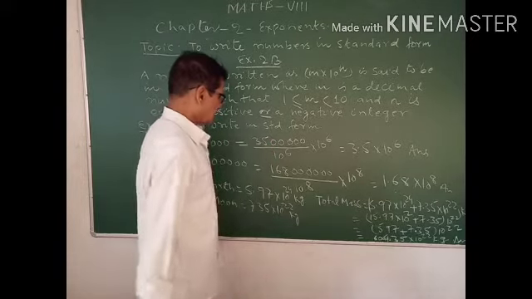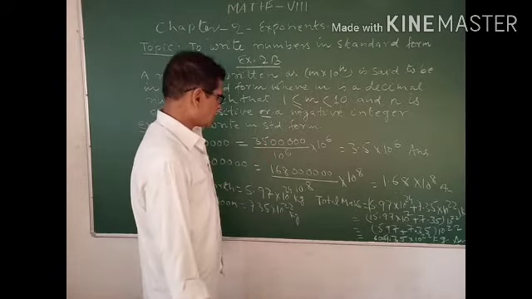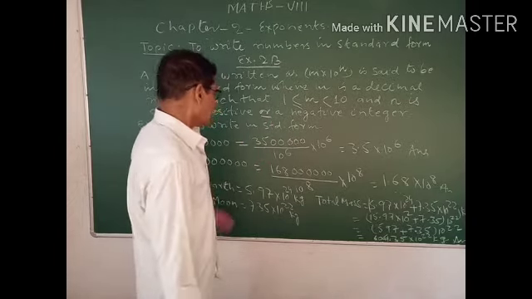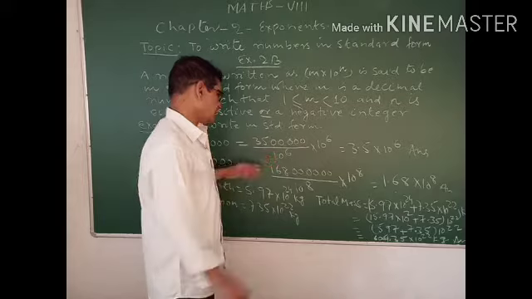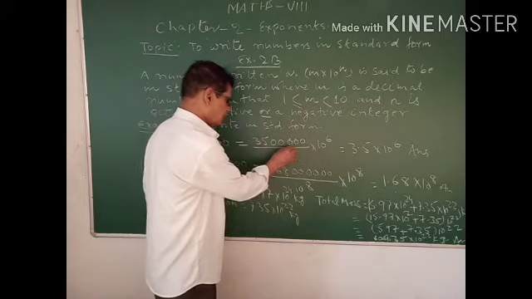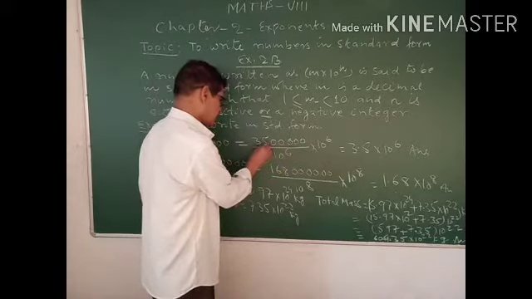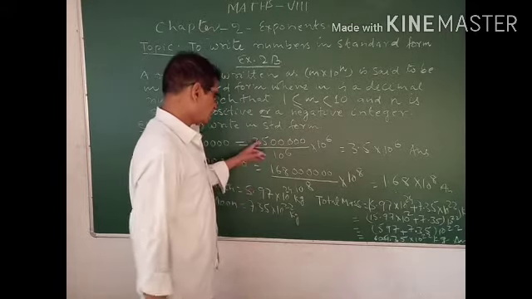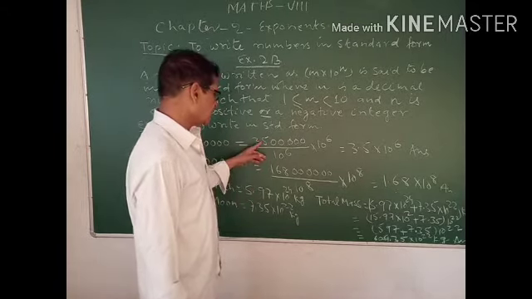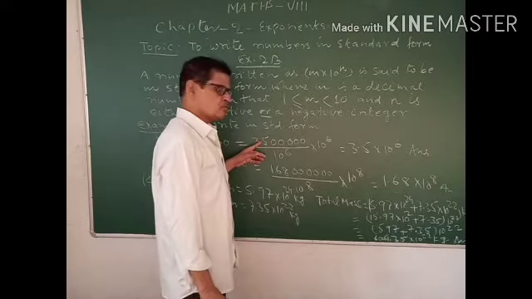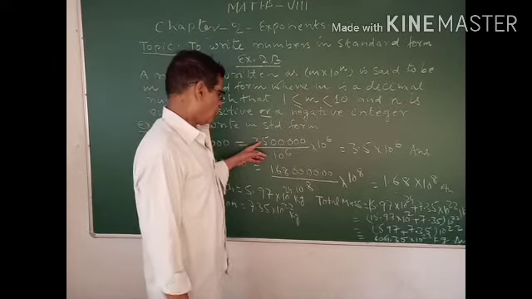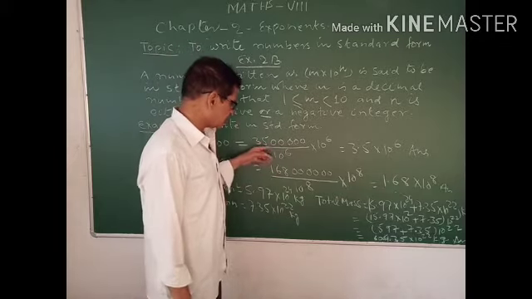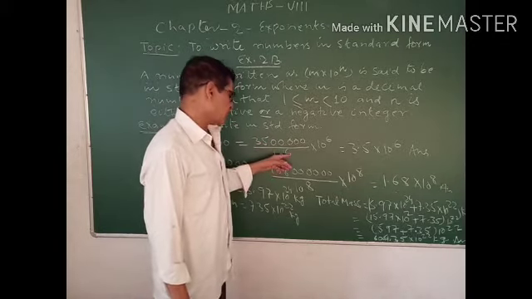What should be done? By what power of 10 are we supposed to divide it? 1 2 3 4 5 6. Before 6 we have to write the decimal. Certainly 1 per 6 zeros, so we have to divide by 10 to the power 6.